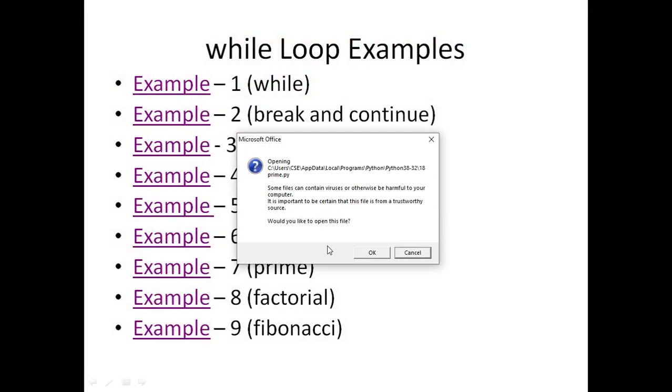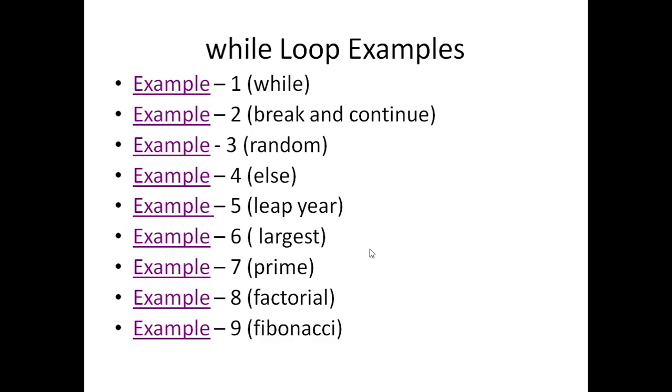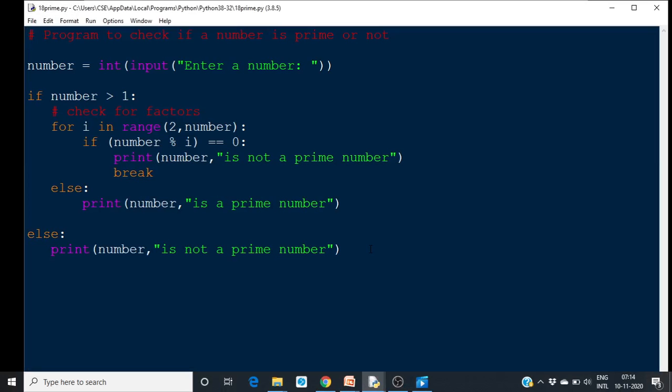Then another program is to check whether a number is a prime number or not. The programmer will be asked to input a number, and the number will be an integer. Only if the number is greater than 1 do we have to check all these things.